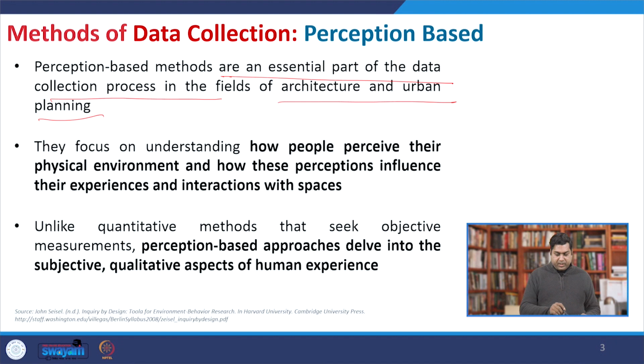In this case, perception based data collection focuses on understanding how people perceive their physical environment and how these perceptions influence their experience and interaction with the spaces. For example, nowadays in architecture we talk about the sense of fear, especially when you are walking at midnight, all the shops are closed, or the illumination is not proper.